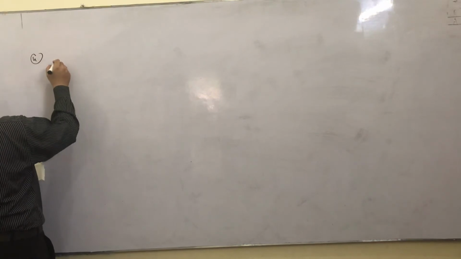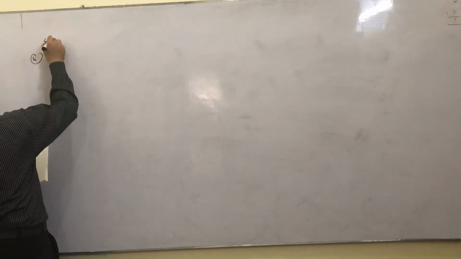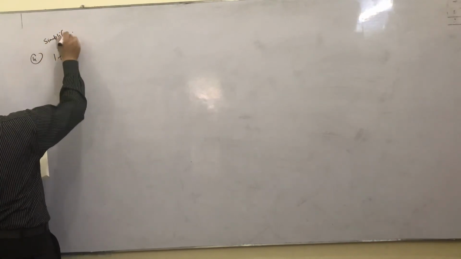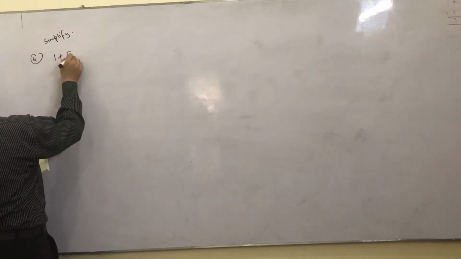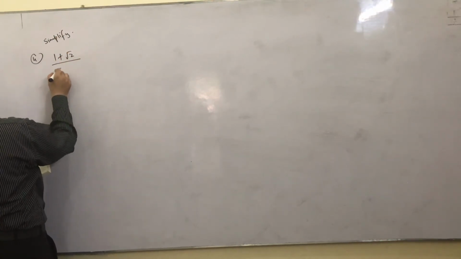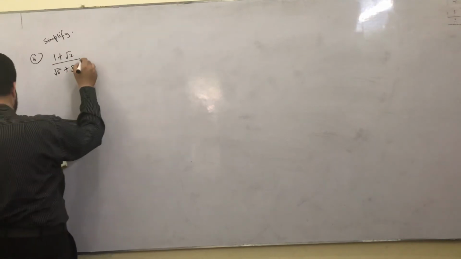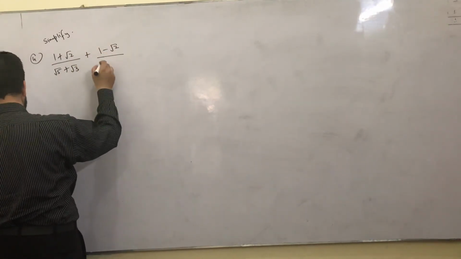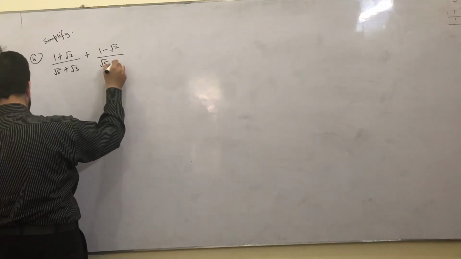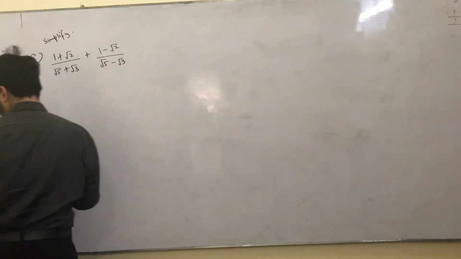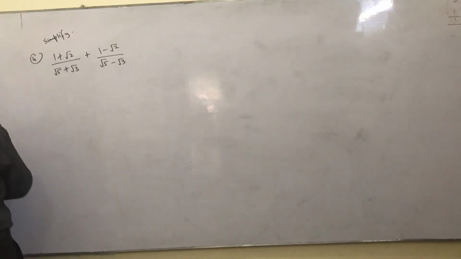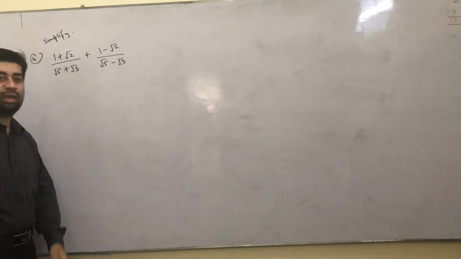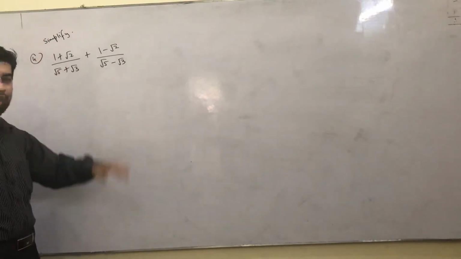Question number 4 is just to simplify: 1 plus under root 2 over square root 5 plus square root 3, plus 1 minus square root 2 over square root 5 minus square root 3. It is just saying to simplify.